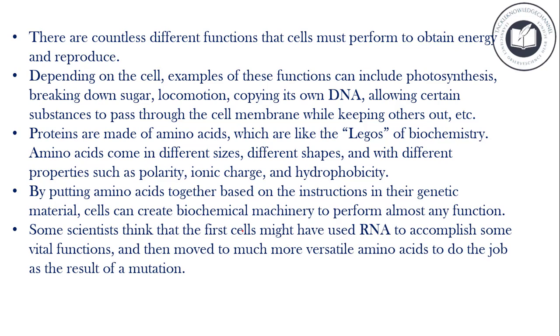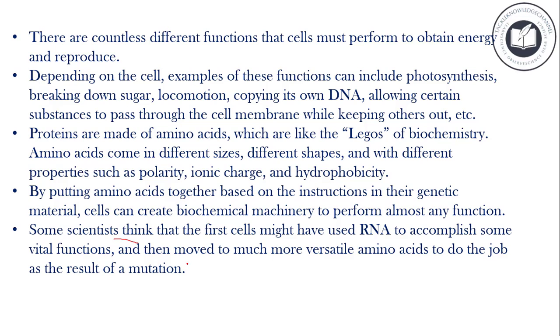Next, some scientists think that the first cell might have used RNA to accomplish some vital functions, and then moved to much more versatile amino acids to do the job as a result of mutations.